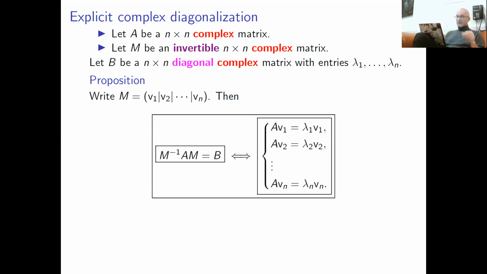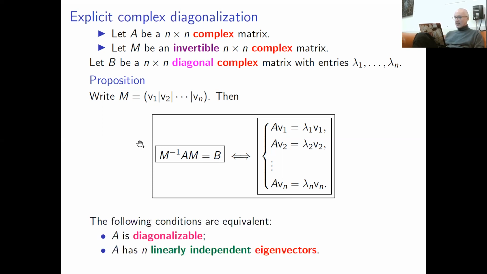And then you make them equal, and you get this, because two matrices are the same if the columns are the same. Okay, this gives you a condition which I implicitly mentioned: a matrix is diagonalizable if and only if it has n linearly independent eigenvectors. This is just the same as for real matrices, the only difference being that here on this slide everything is allowed to be complex.